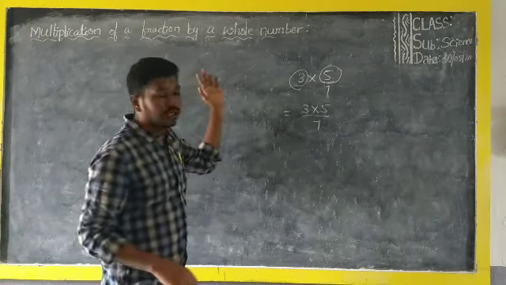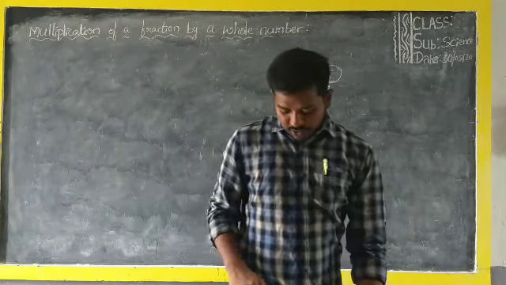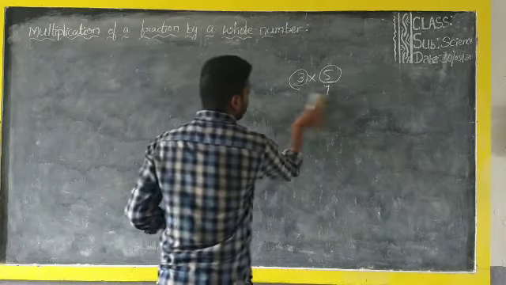Multiplication of a fraction by a whole number. Okay, now look at example 5 in the textbook.